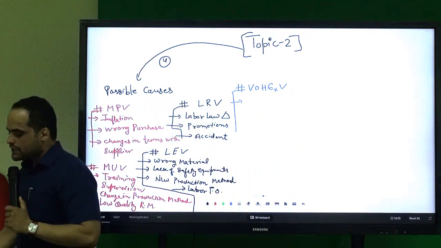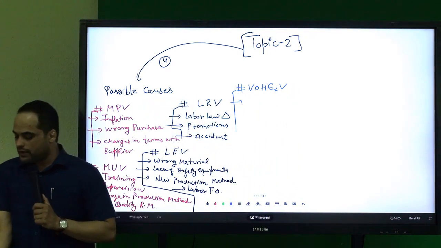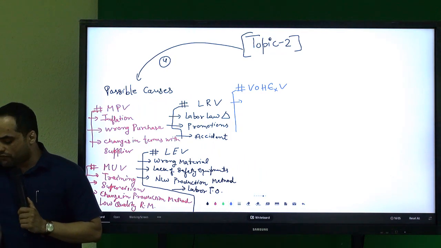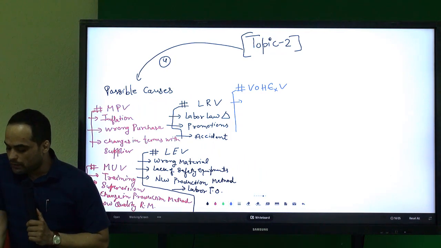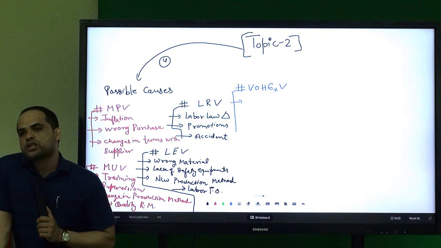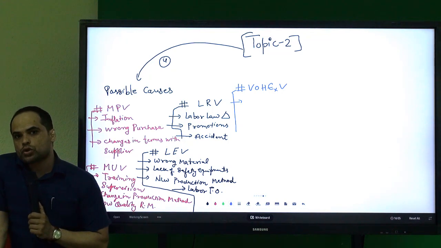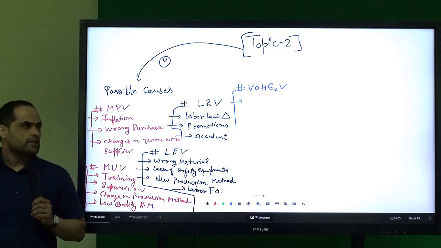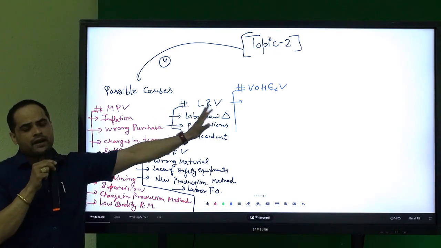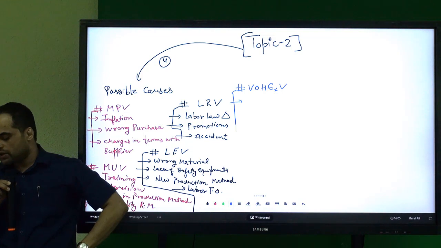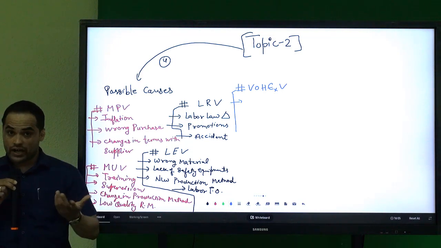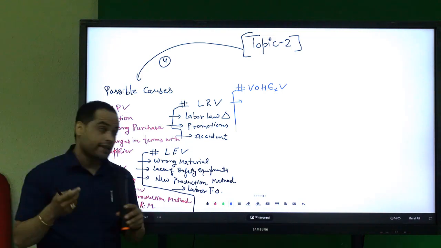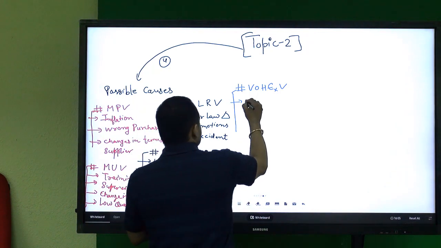Since this variance belongs to machine hours or labor hours, the possible causes for labor hours may apply in these situations as well, such as unexpected overtime.